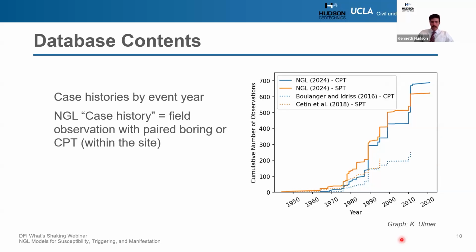And so you can see we have several hundred observations next to either a CPT or an SPT, plotted in the blue or the orange there. And you can see just how large those are compared to some of the previous data sets that were used for model development and currently used models that are used in practice.